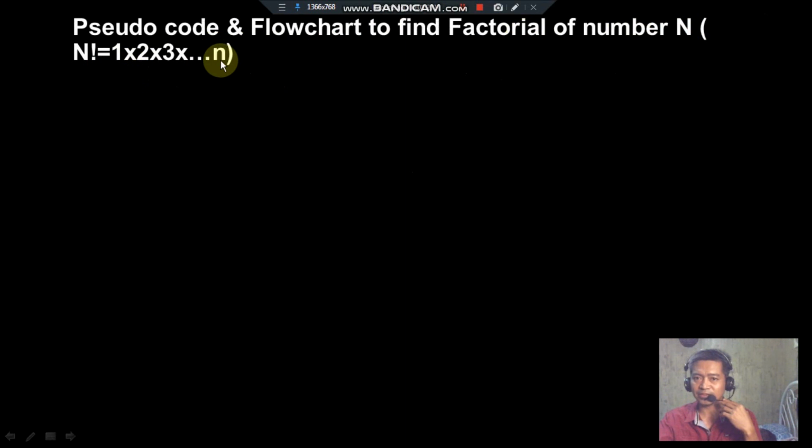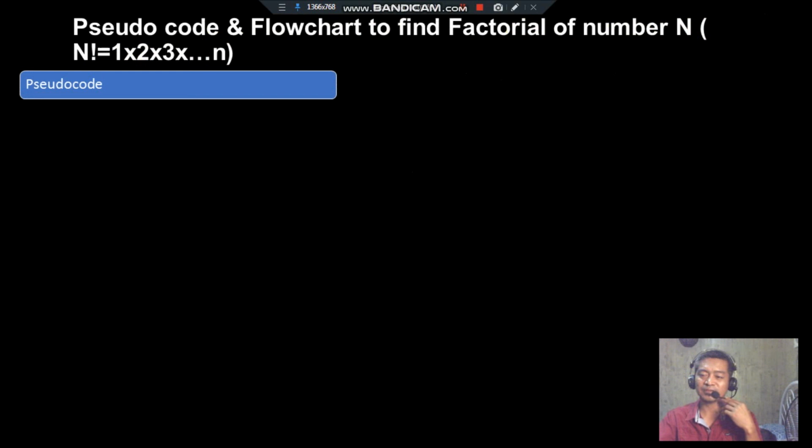So, tatlong variables: input n, ang factorial na hinahanap, tapos yung counter na mag-aabang na na-reach na natin yung value ng n. In this case, 1 times 2 times 3, and then say, ang n ay 4, edi stop na siya nun. Na-define na natin, so gamitin natin sila. Use daw yung mga variables na yun, sabi dun sa step.